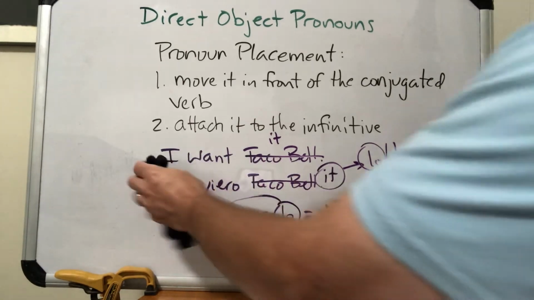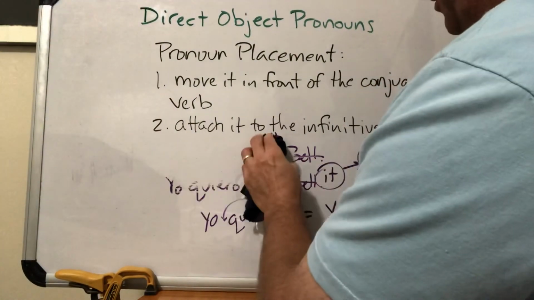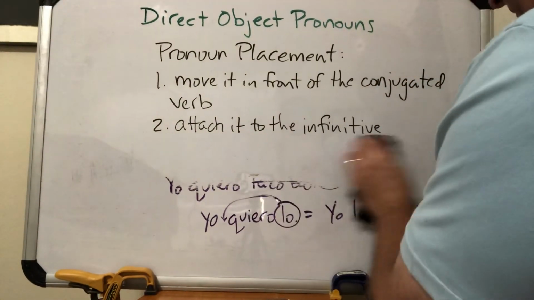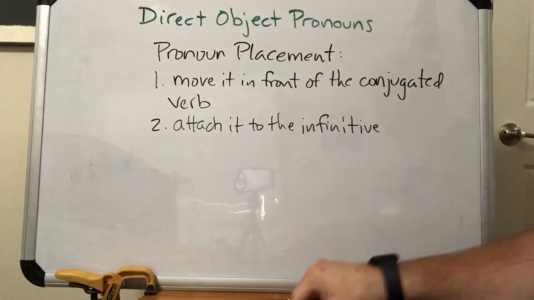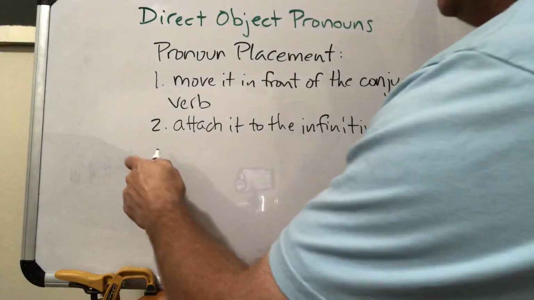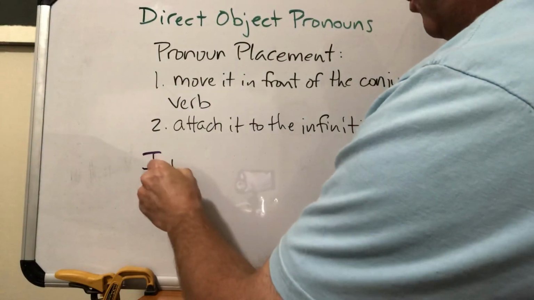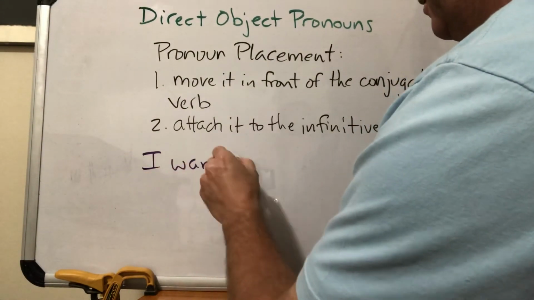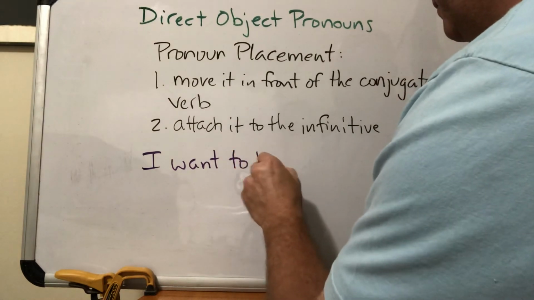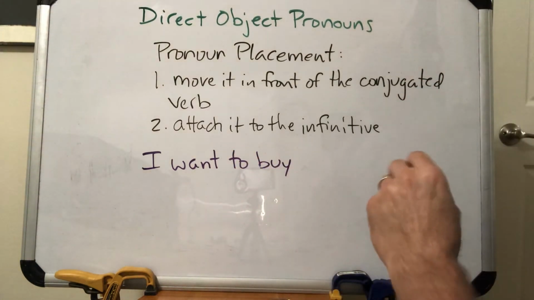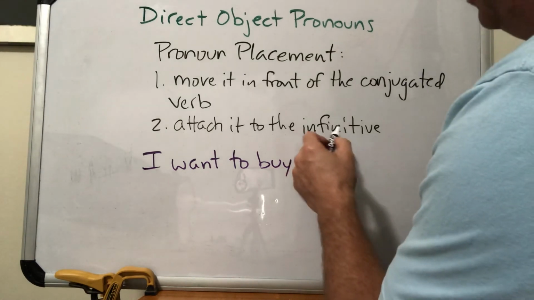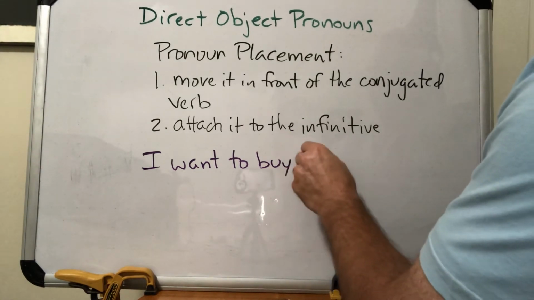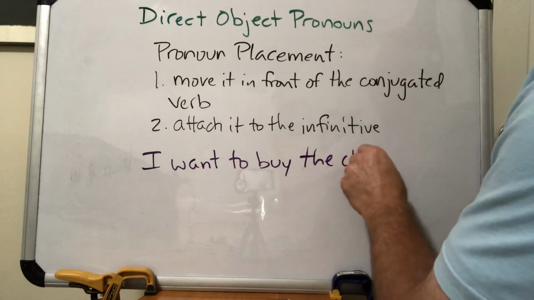Okay, let's do an example that gives us both options. Let's still use want. Okay, and my sentence in English is I want to buy. What are we gonna buy here? The chalupa.